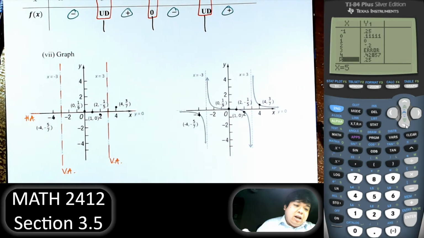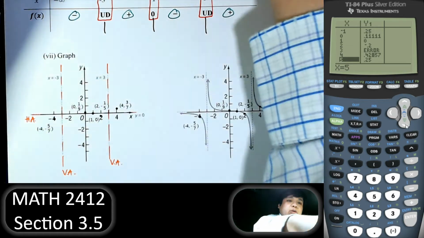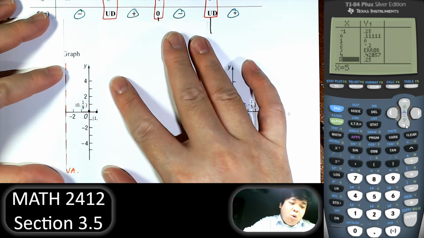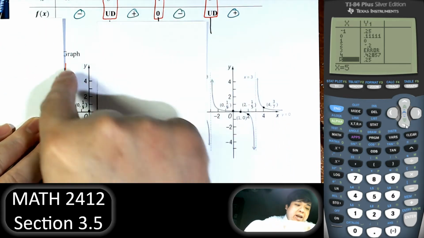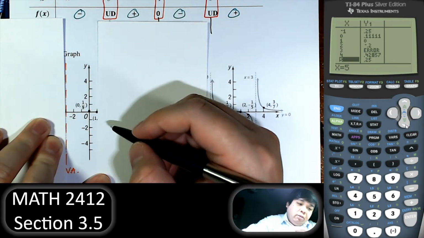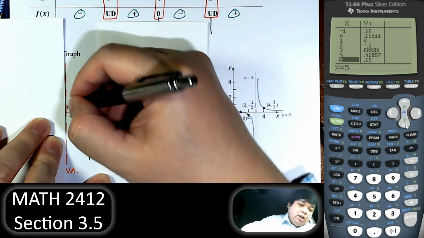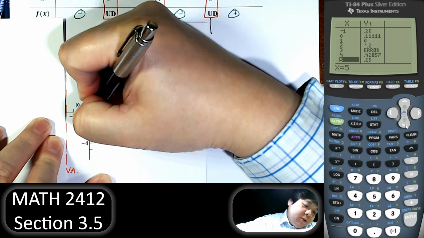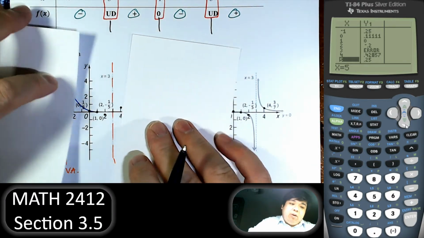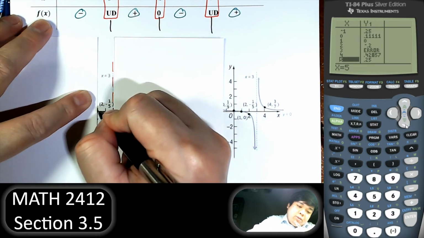And then notice that between -3 and 1, the function is positive. It can only be positive, and it has the vertical asymptote here. So from -3 to 1, it's going to be positive. And from 1 to 3, it is negative, approaching the vertical asymptote.